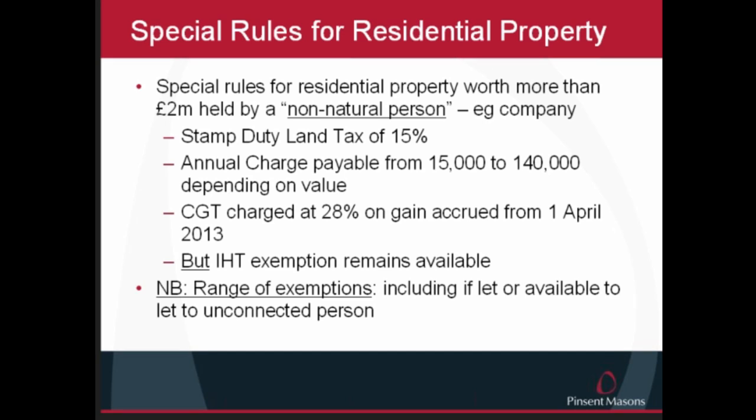You do if you're holding it through an offshore company as a residential property worth more than 2 million which is owner-occupied. And that's only on the gain made from the 1st of April 2013, or obviously when you bought the property, if you bought it later than that. But with all these extra taxes, you still do retain the IHT exemption, so you're still out of the inheritance tax risk of 40%.